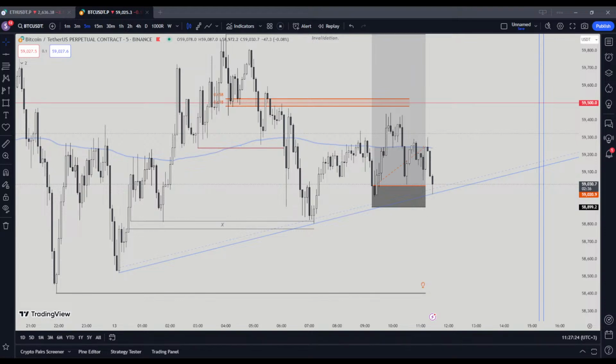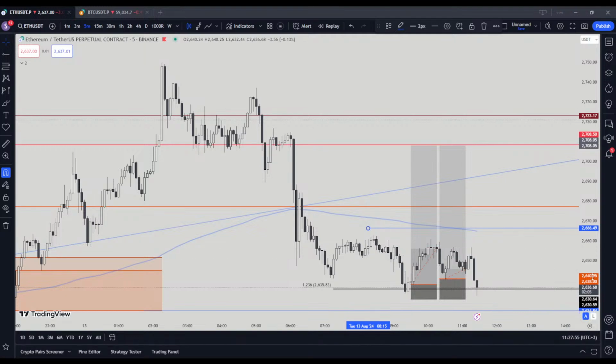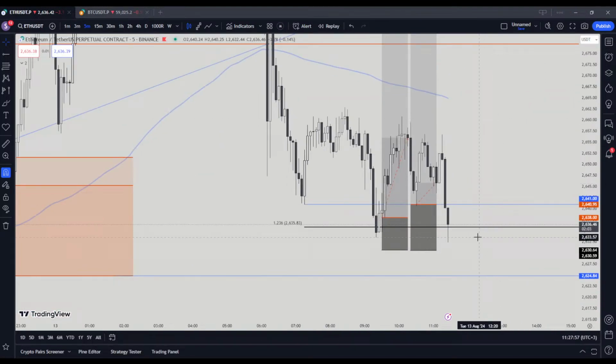It gave another entry for whoever didn't have one. That's why I left my stop loss a little bit lower.